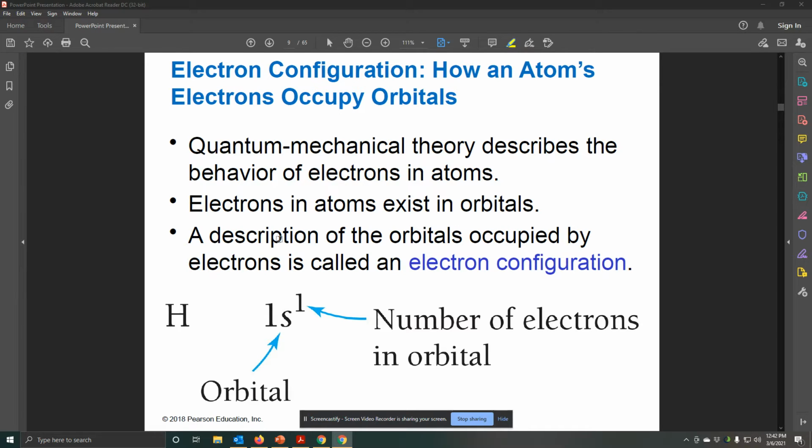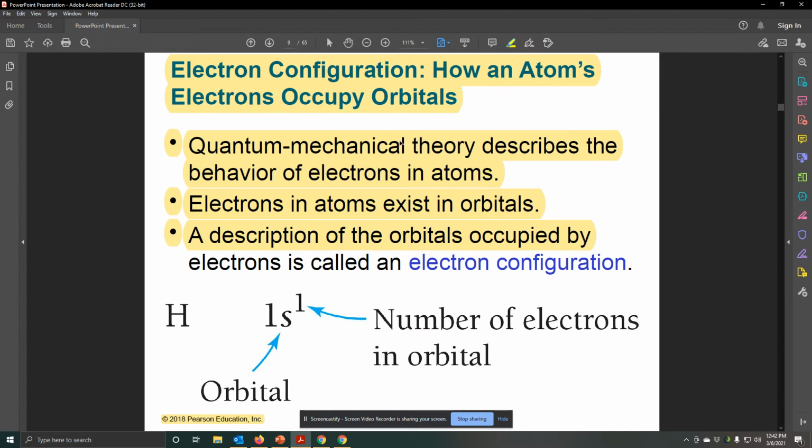Okay, so let's talk about hydrogen real quick. Hydrogen is the first element on the periodic table. So go ahead and take your periodic table and look at it. It only has 1 electron, right? So we can represent that 1 electron. We know it's in the first shell because that's what gets filled first.